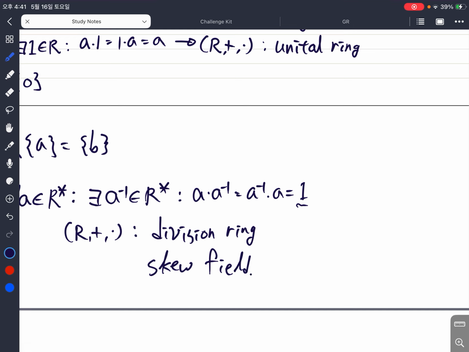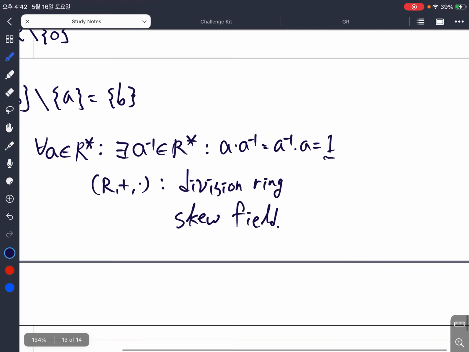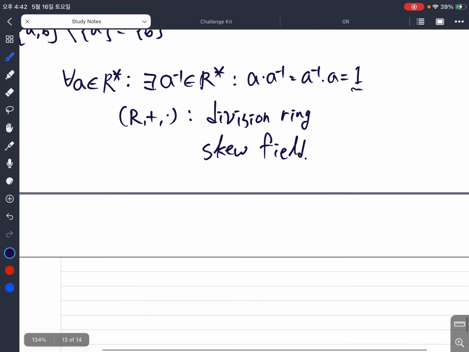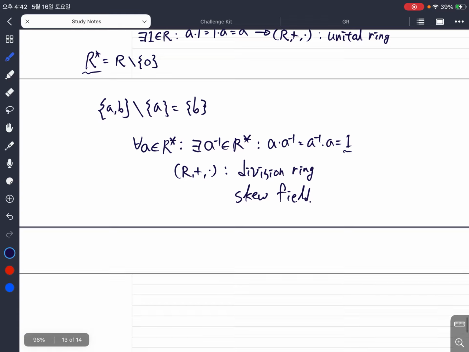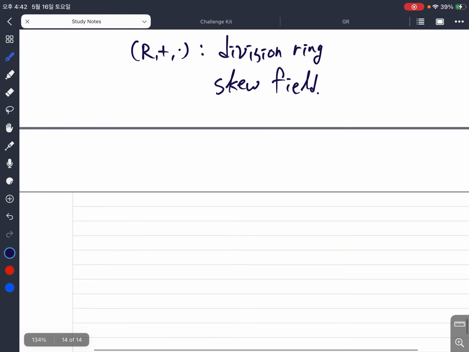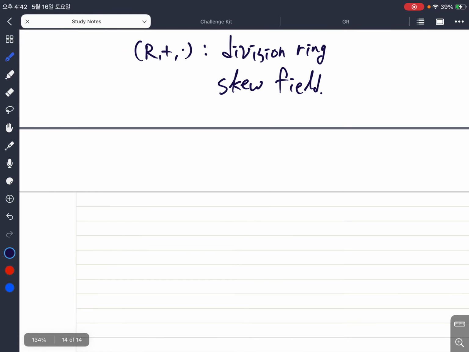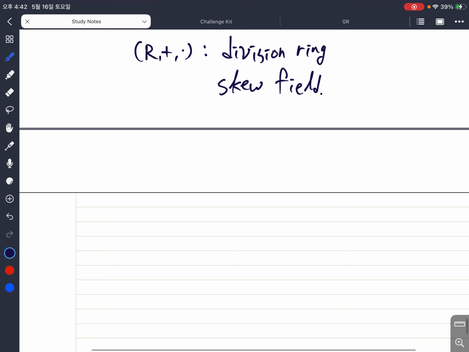So this is all you need to know about rings. In fact, why we do this is that we want to see the structure of the numbers we know.